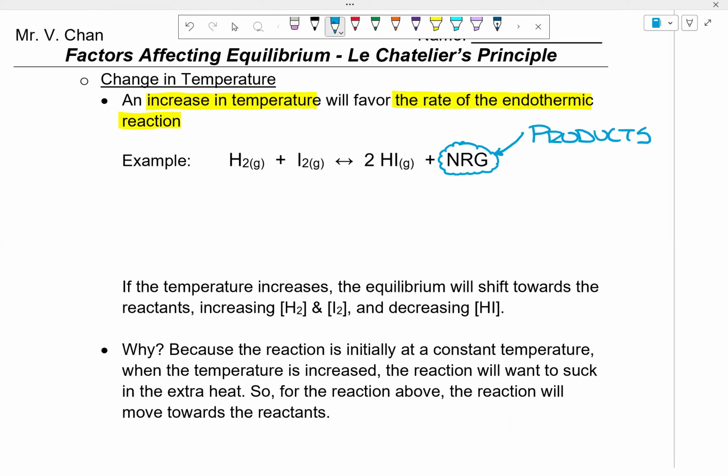So in the forward direction, going from left to right, this would be considered an exothermic reaction.